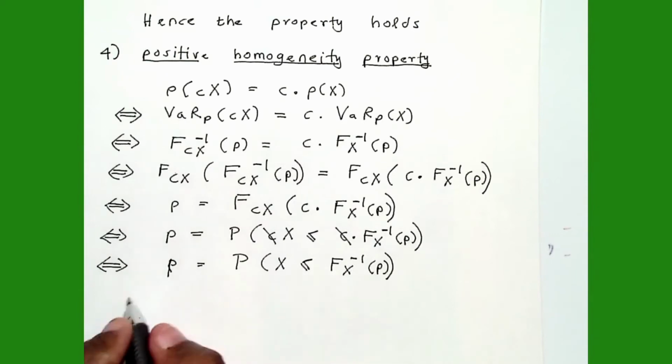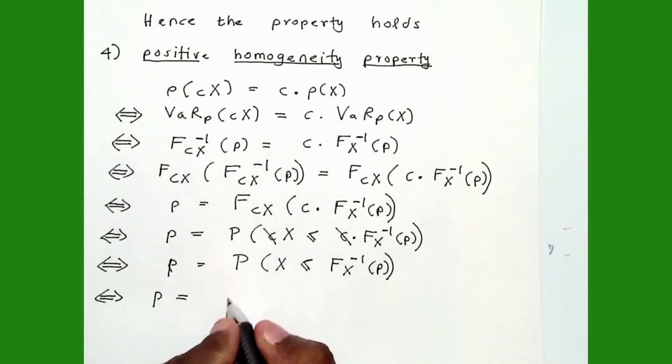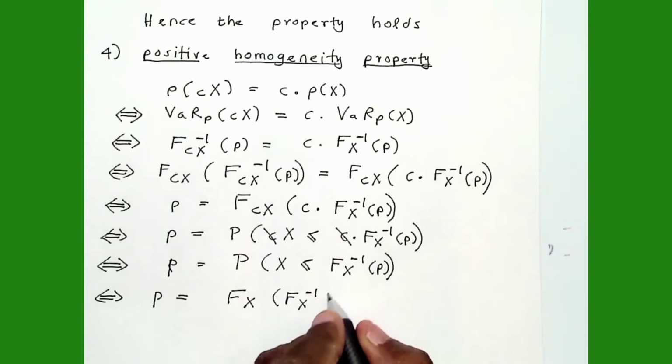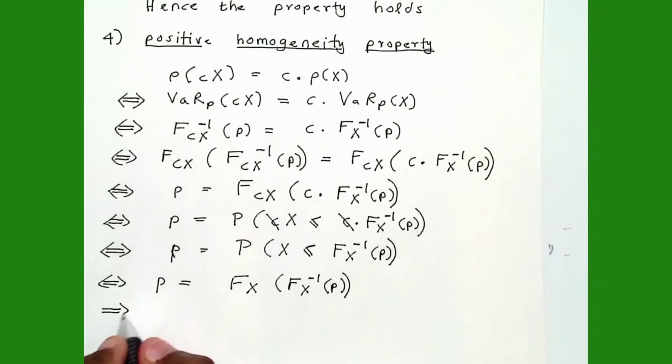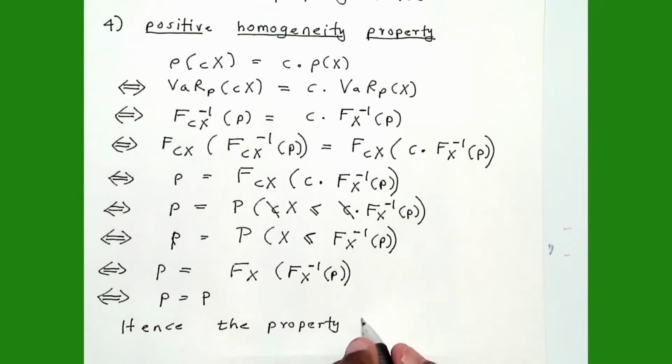Now this, by definition of a CDF, is F_X of F_X inverse of P. So this becomes equivalent to P equal to P, which is always true. So hence we have proved the positive homogeneity property, right?